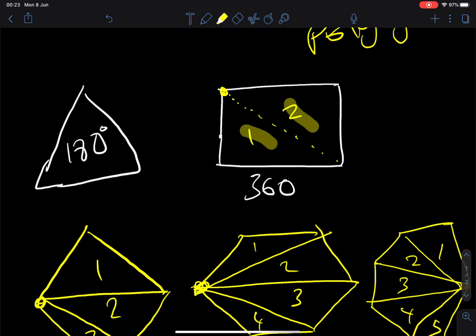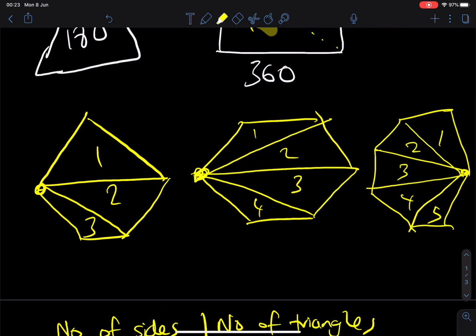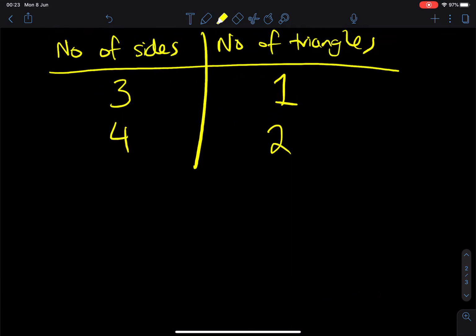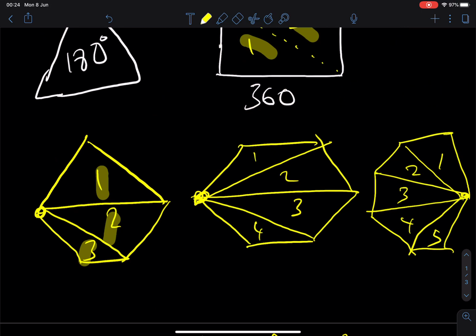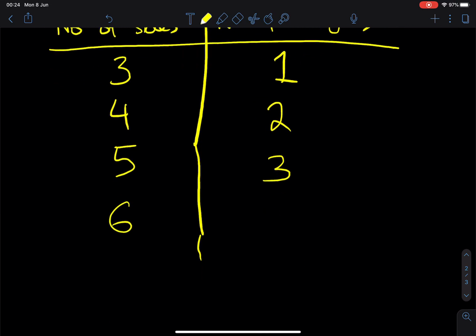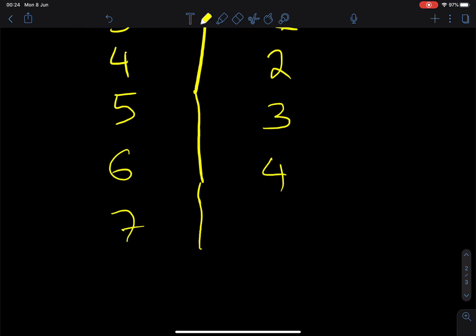A five-sided shape, you can fit three triangles. A six-sided shape, we can fit four triangles. And a seven-sided shape, we should be able to fit five triangles.